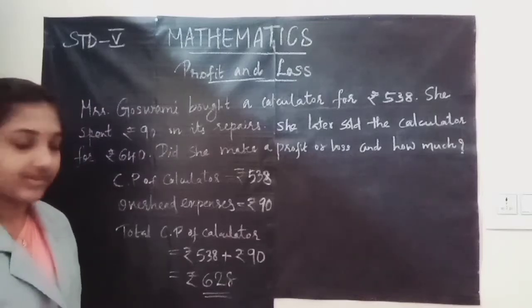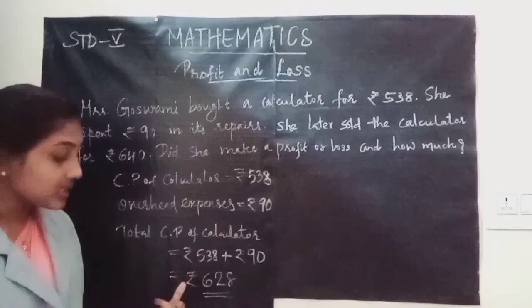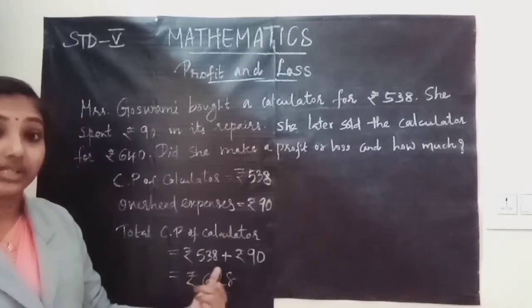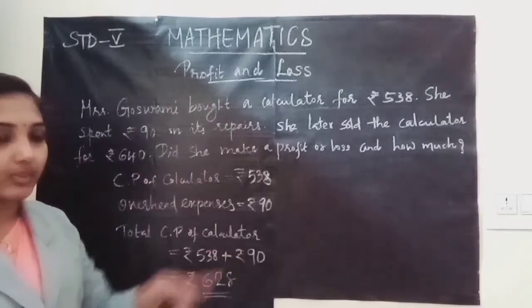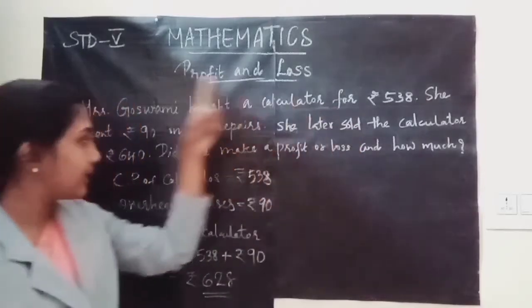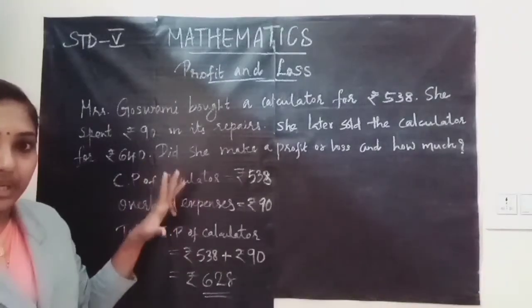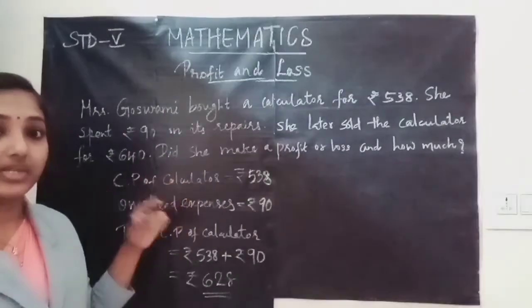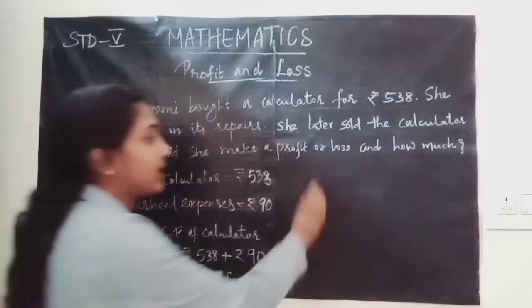The total cost price of the calculator is rupees 628. Okay, and next, what is given? She later sold the calculator for rupees 640. After buying it and making the repairs, she sold the calculator, so here it is the selling price.